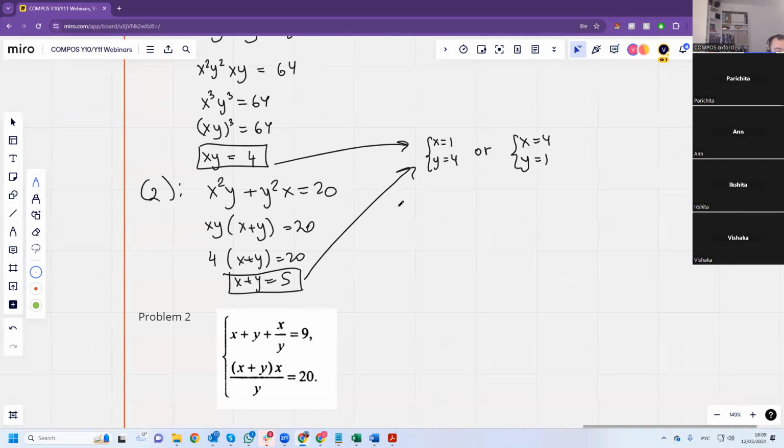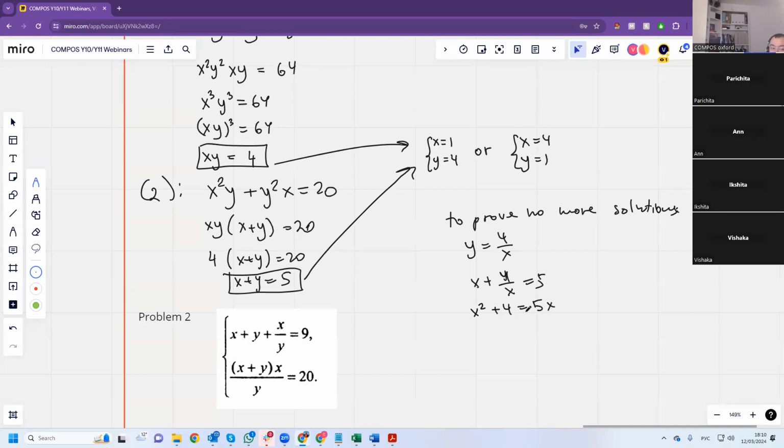How can you prove that there are no more solutions? Well, if you substitute from here, to prove no more solutions, we can express y equals 4 divided by x, sub that in, so x plus 4 over x equals 5, multiply both sides by x: x squared plus 4 equals 5x.